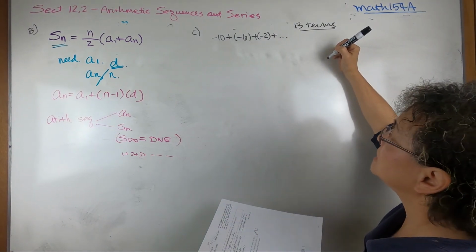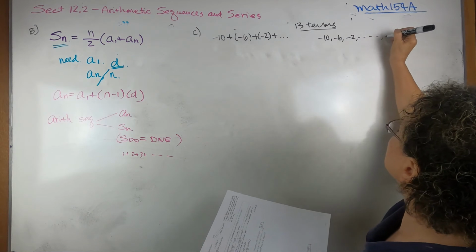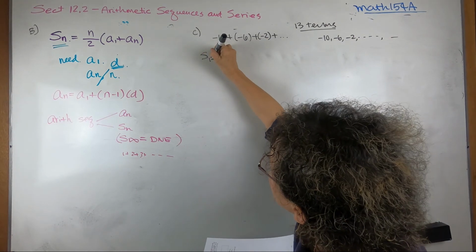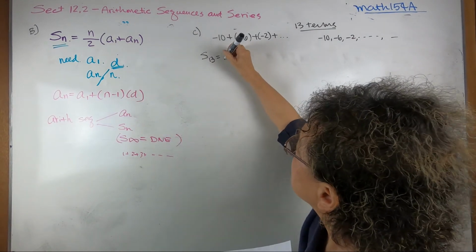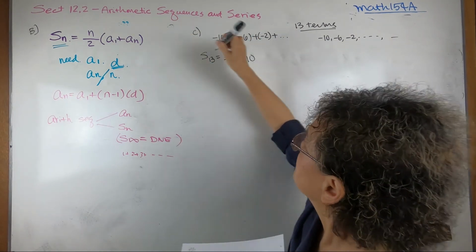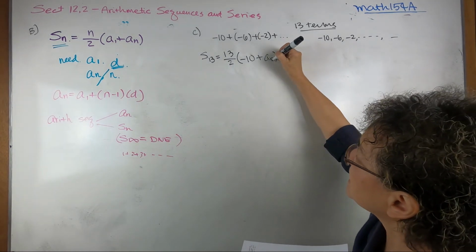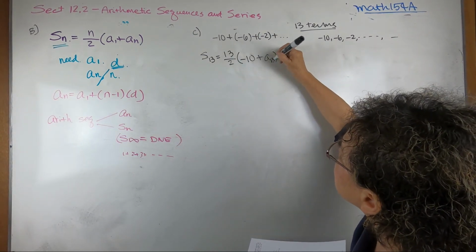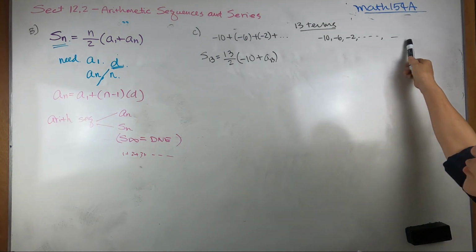We know the sequence is -10, -6, -2, all the way to the 13th term. To find S13, n is 13, divided by 2, times a1, which is -10, plus an. Here n is 13, so we need a13. The thing is, for this sequence, do we know the 13th term?